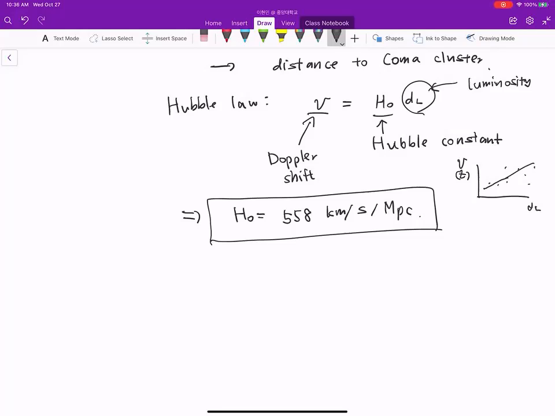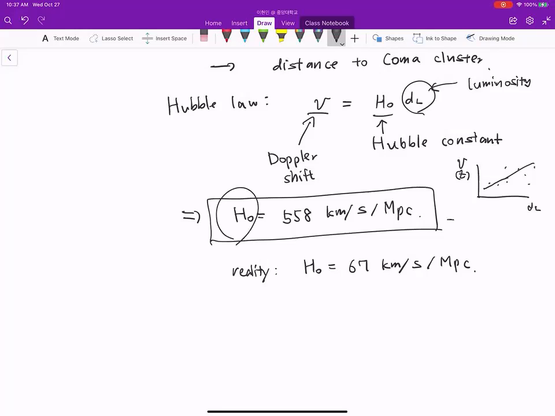And this is how he got this H0. But currently we know that the Hubble constant is about 67. There is a more precise value, but the Hubble constant is measured to be 10 times smaller than his H0. And then there was a lot of problem if you take this large Hubble constant.